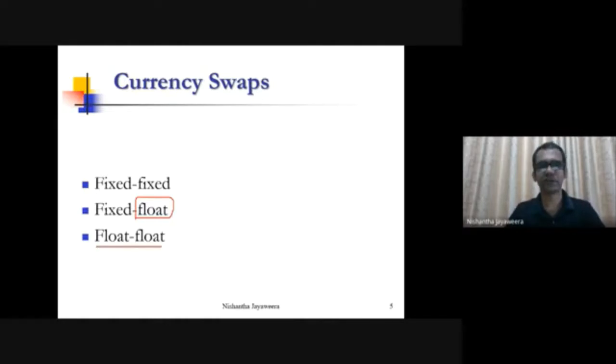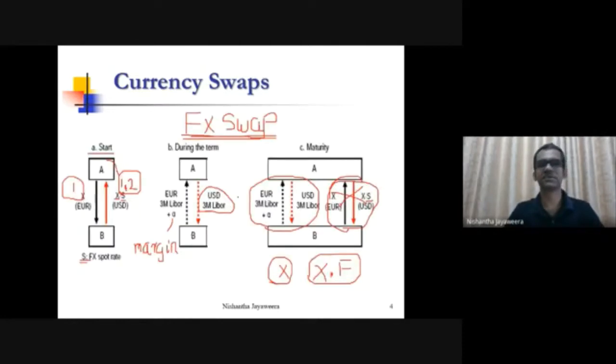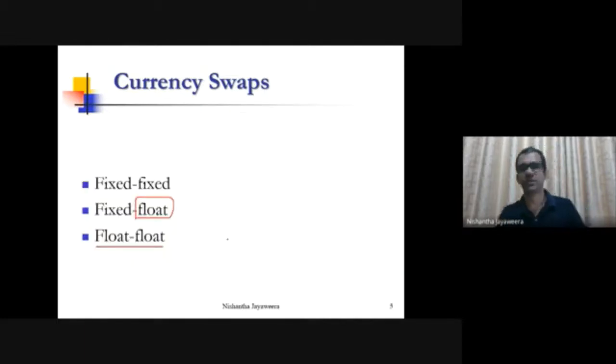In a float one, both interest rates are linked to two different benchmarks as given in this example. Euro interest rate is linked to Euro LIBOR. Dollar interest rate is linked to dollar LIBOR.